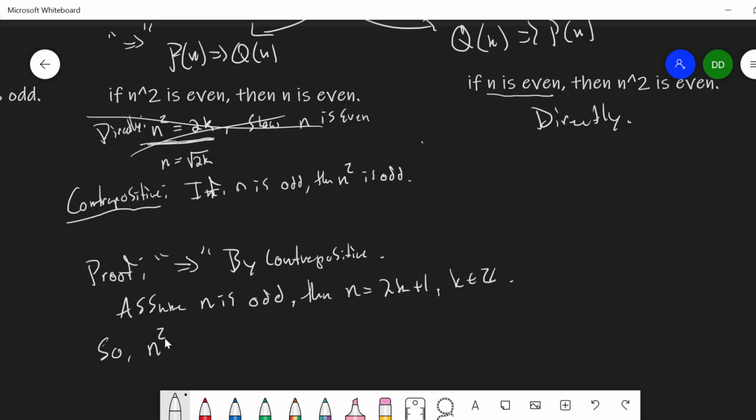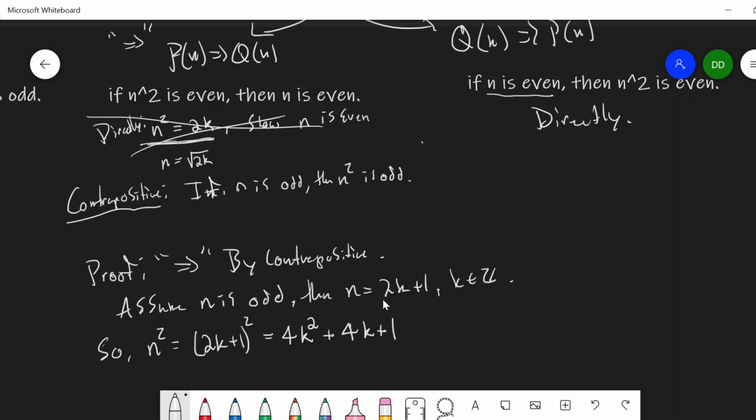So n squared would be (2k plus 1) squared. That's (2k plus 1) times (2k plus 1). So that's 4k squared plus 4k plus 1. Remember to FOIL this. It's not 4k squared plus 1.